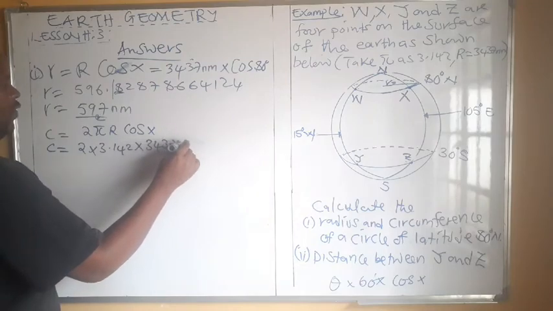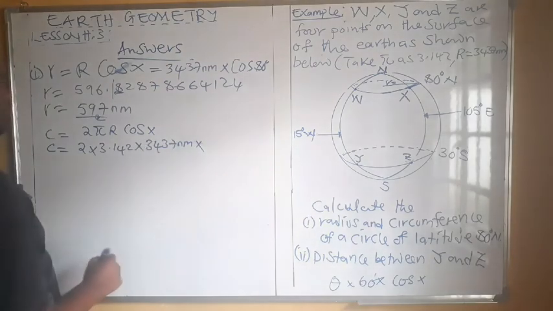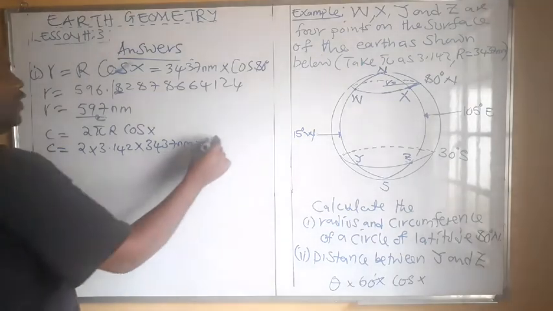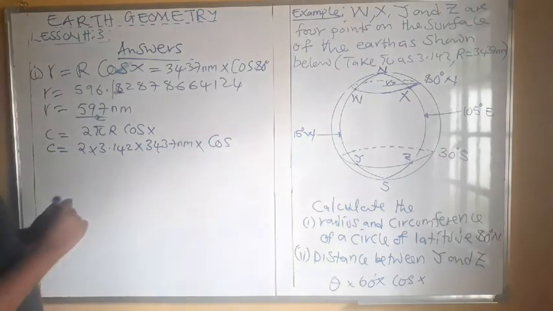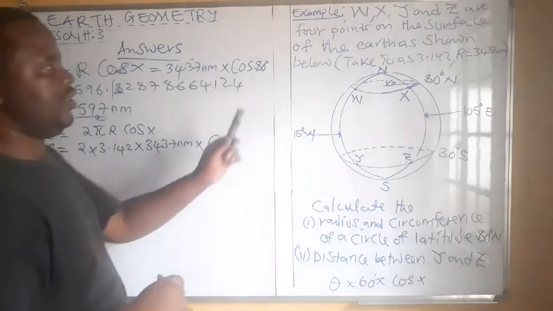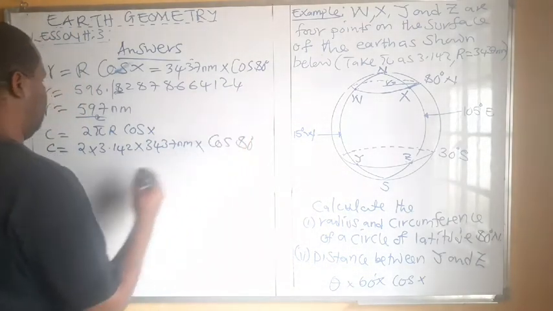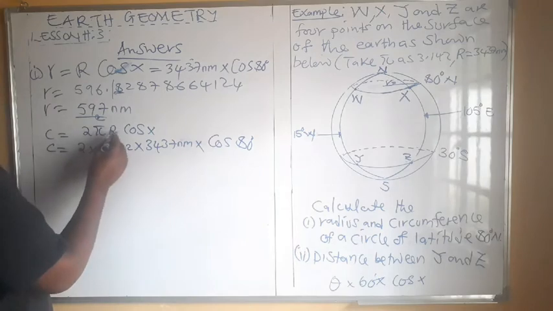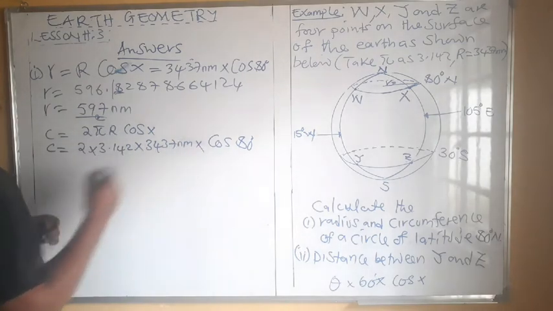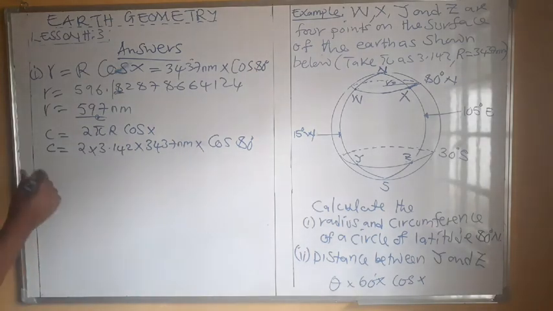3437 nautical miles times cos. Here the angle of latitude is 80 degrees, so we write 80 degrees. So we have plugged in all the numbers there.